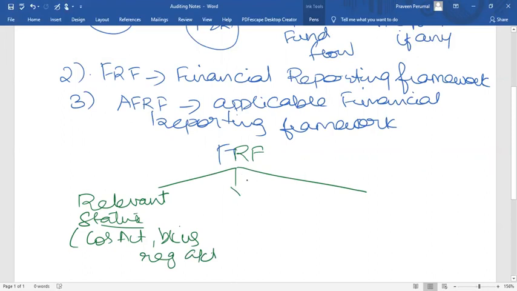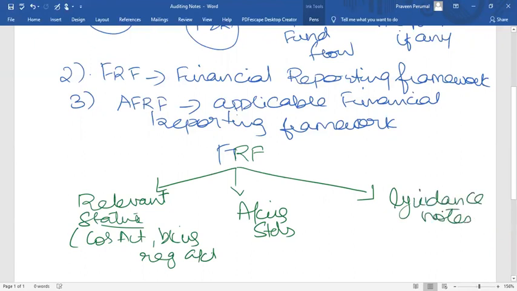The second is the accounting standards which are necessary. Third is the guidance notes. So the 3 elements in FRF are the relevant statute, accounting standards, and the guidance notes.